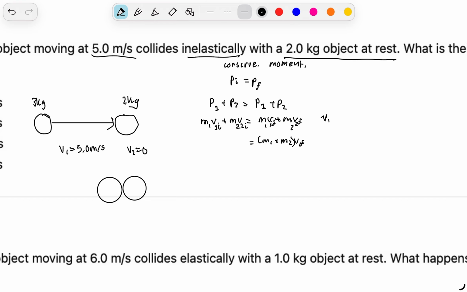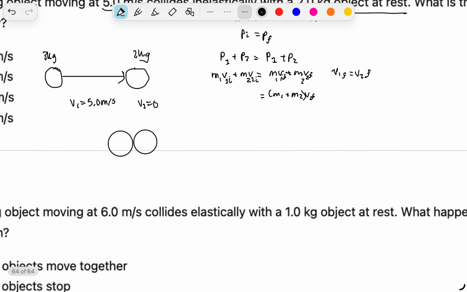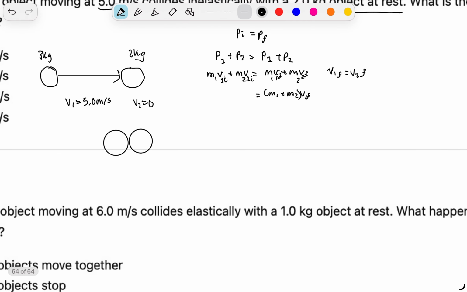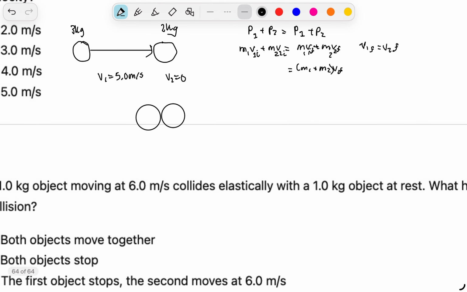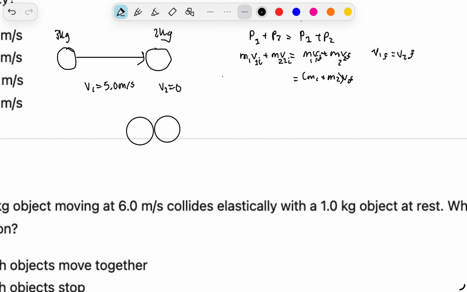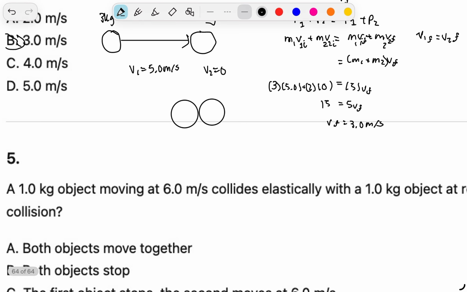So v1f is equal to v2f because it's going to be one object, and when you have one object, it can only move in one direction at once because it's just one object. It can't be moving at two different velocities. You just plug in everything now, so your answer would be B.